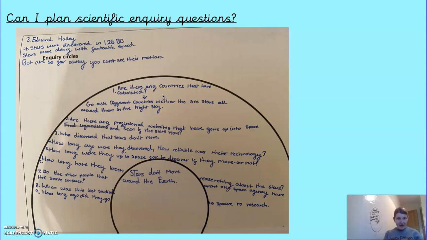Could we research that? Are there any professional websites? We're not just talking about someone in their back garden looking. It might be, have NASA researched this? Have NASA got any data that we could find out about? That kind of thing. If you want to pause me, you can look at these answers in more detail. It might give you some ideas on how to do yours.